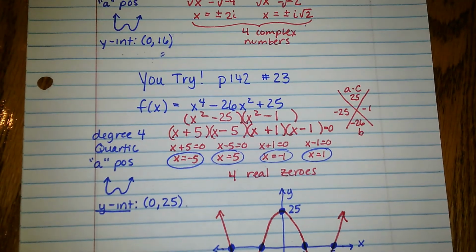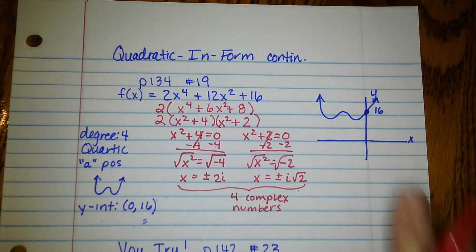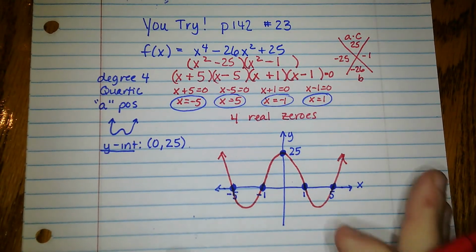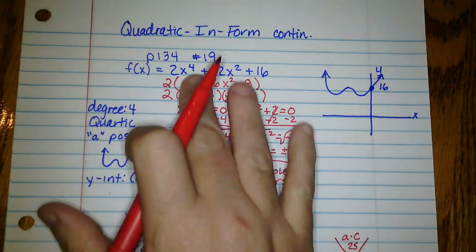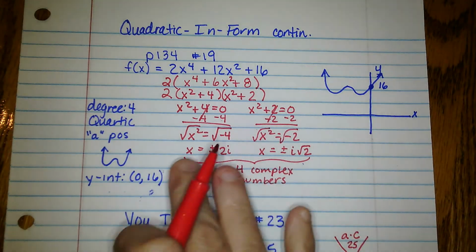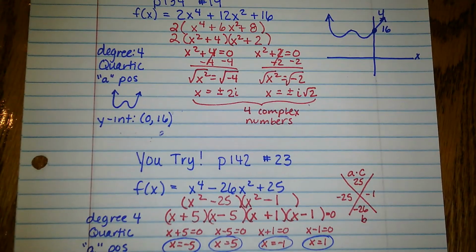So just because it's quadratic in form doesn't mean that they're always going to float. It means that if it's a quartic, you should have 4 values for x. And depending on what those values are, will depend on where your graph is situated.